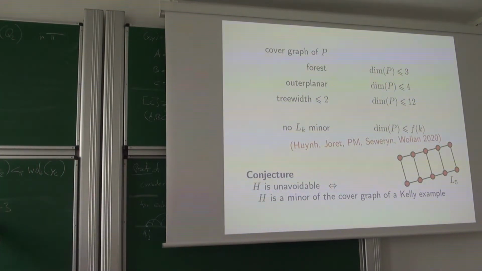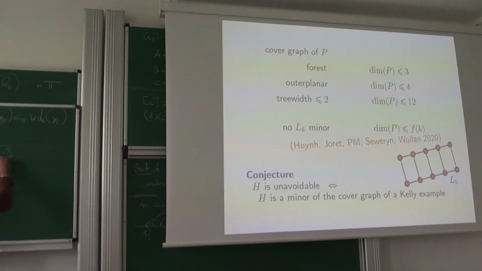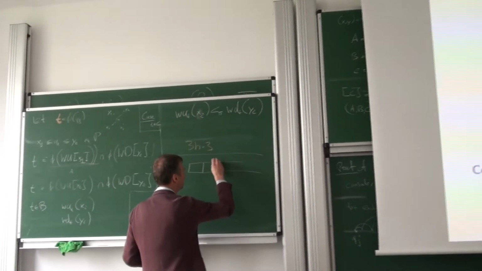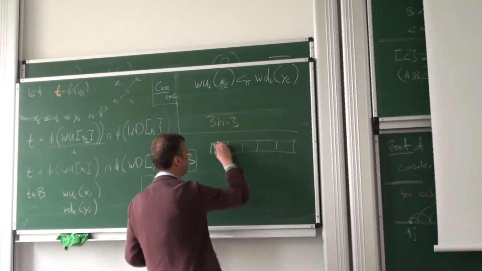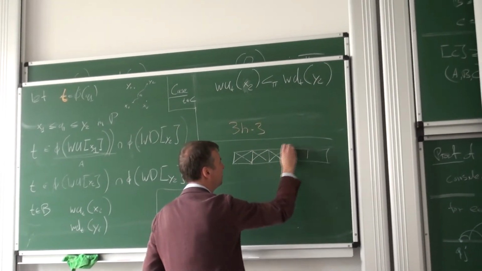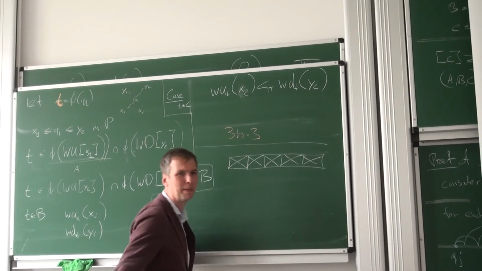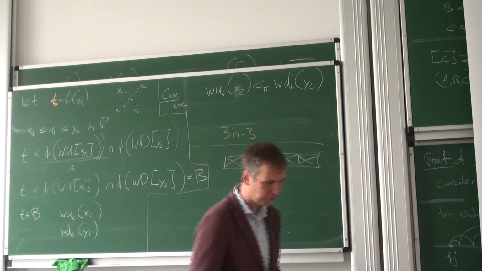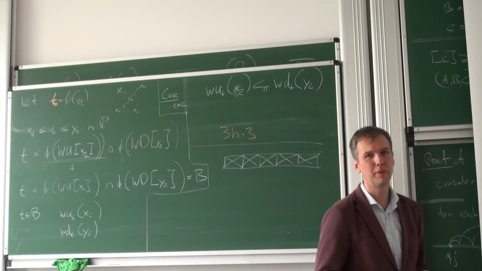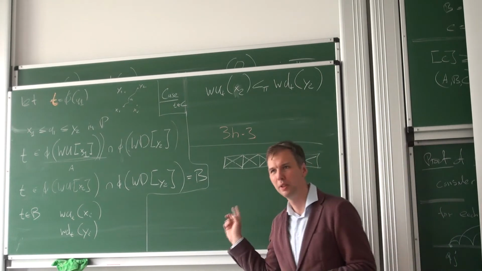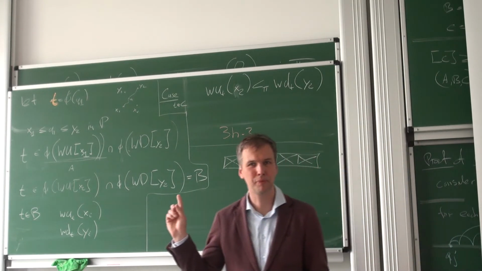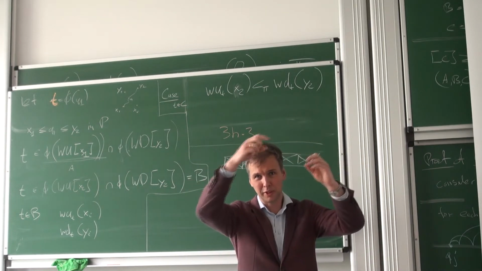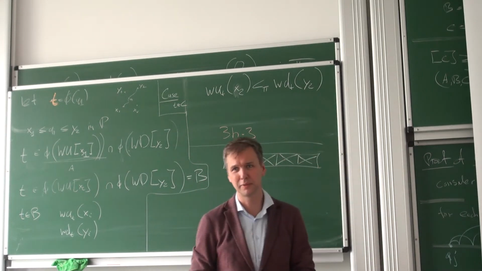One thing that we have in mind is a ladder of K4s, so a graph that looks like this. We would like to see this forced. This appears as a minor in Kelly. You've seen the ladder I did in the first half. On the second half I can do the diagonals.